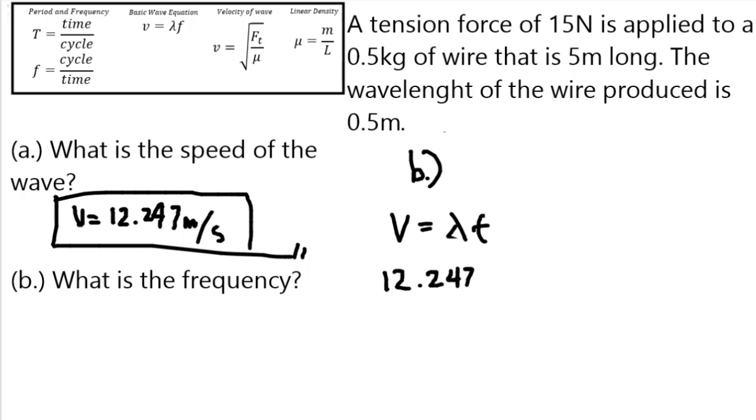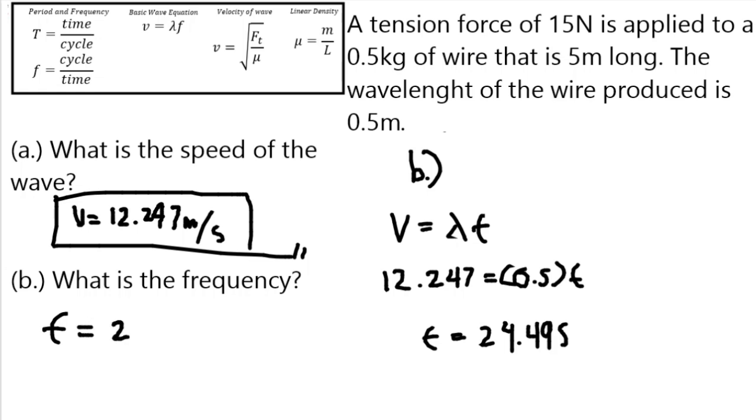So the velocity is 12.247, and our wavelength is 0.5 multiplied by the frequency. Dividing both sides by 0.5, the frequency of this is 24.4995 hertz.